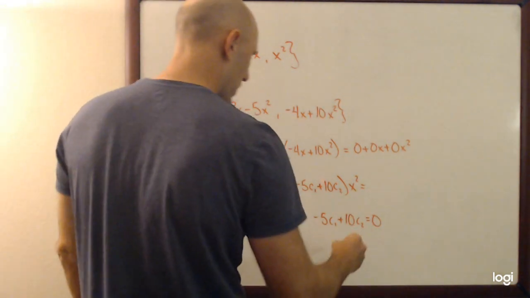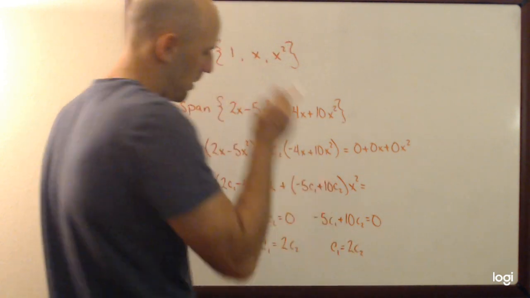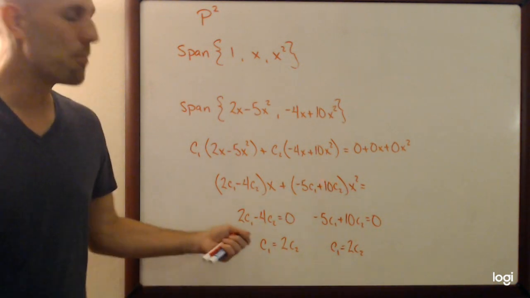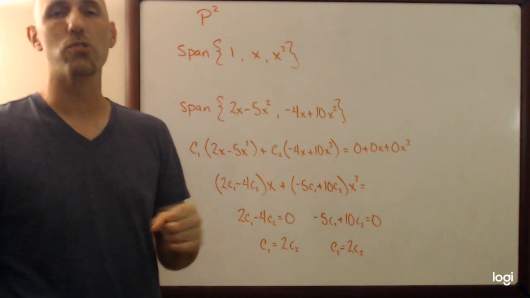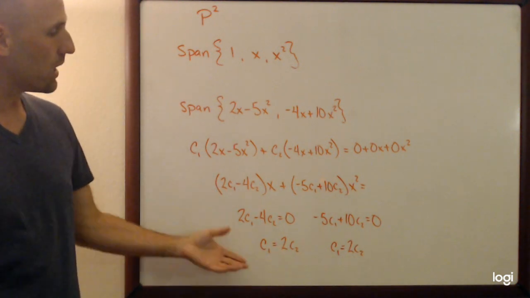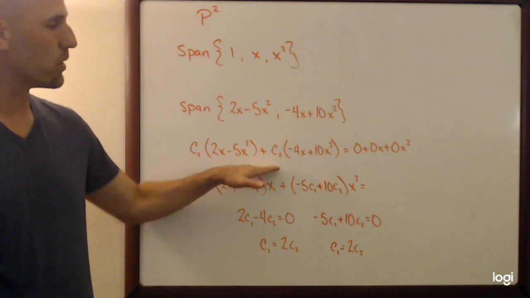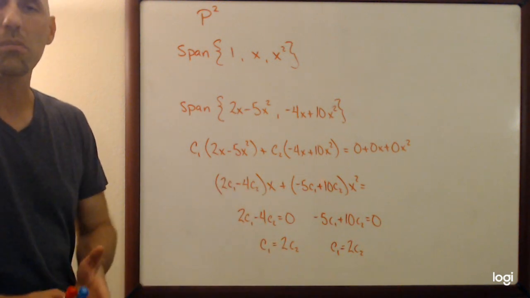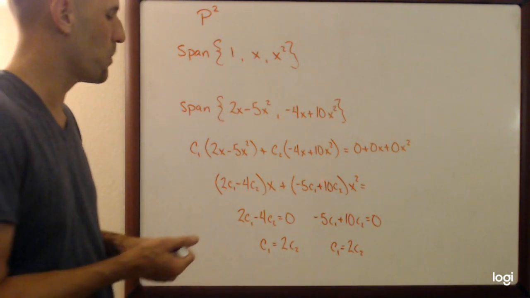Solving the other equation for c1, I also get 2c1 equals... c1 is equal to 2c2. And yes, if they're both 0, that's a solution. We know that already. The question is, is there a solution other than that? And sure. My work here says that if I pick any constants that obey these relations, that's going to work. All it requires is that c1 is double c2. All right, well, pick c2 equal to 1 and c1 equal to 2.